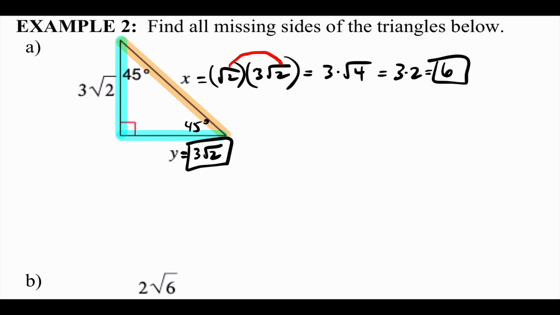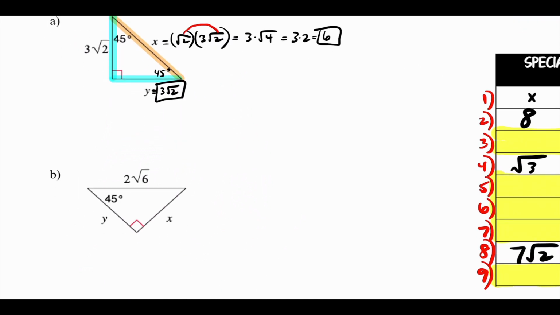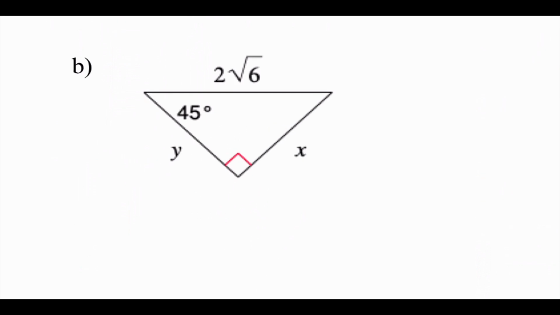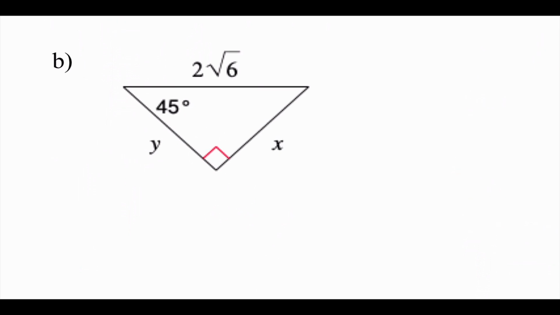Okay. All right, let's do 2B now. So 45, 45, 90. Now they've given me a hypotenuse. I need to find the other two legs.